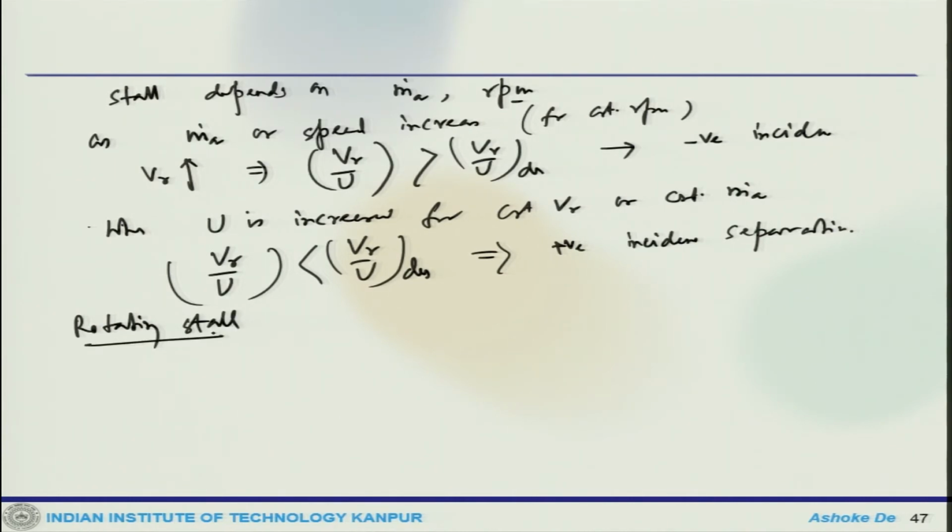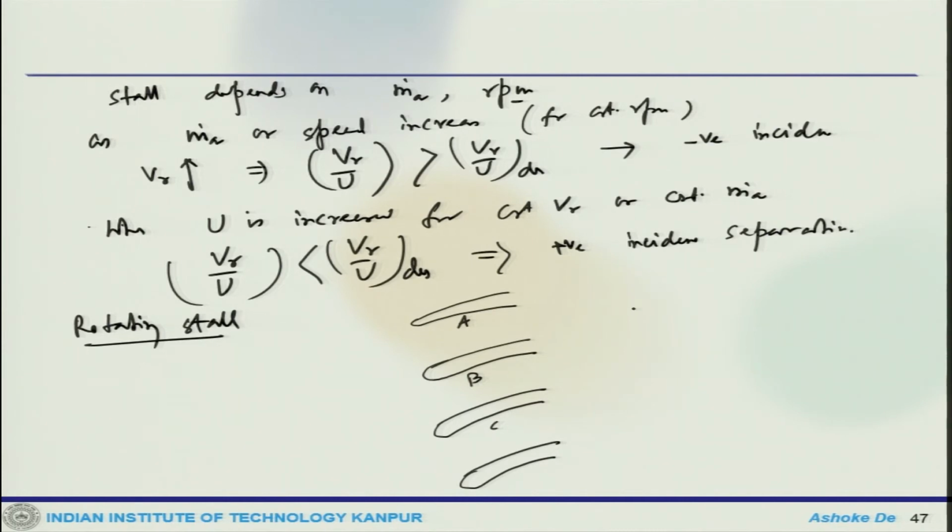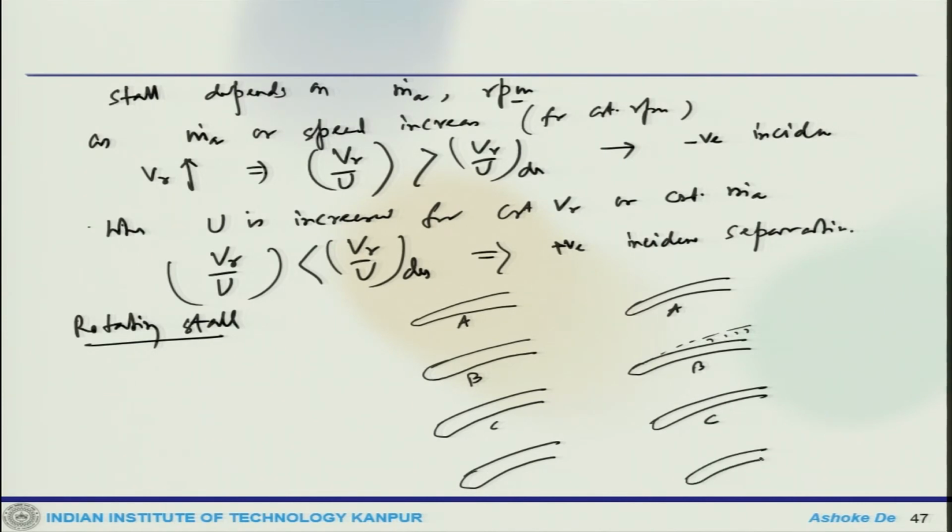Since these are rotating conditions, let us say we can have passages like A, let us say B, the airfoil C. So, this is a passage, and this could be A, this could be B. Let us say there is separation, passage C, like this.